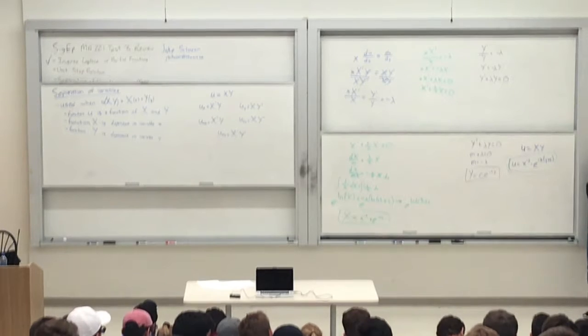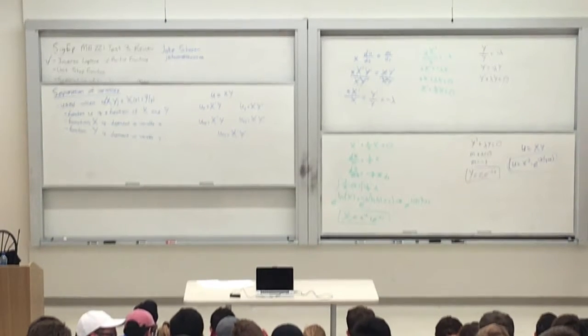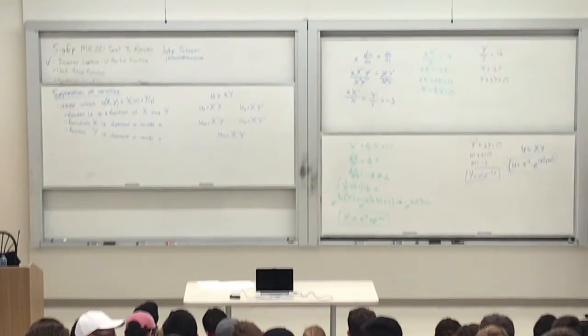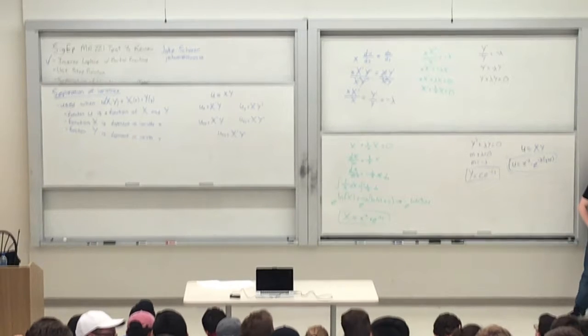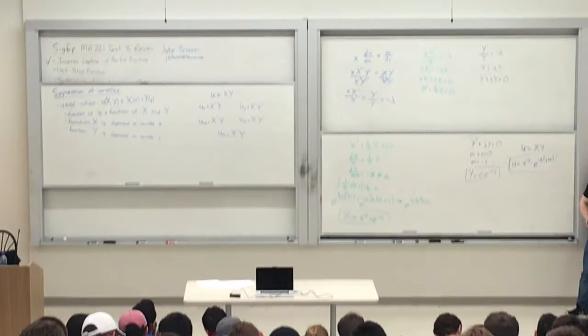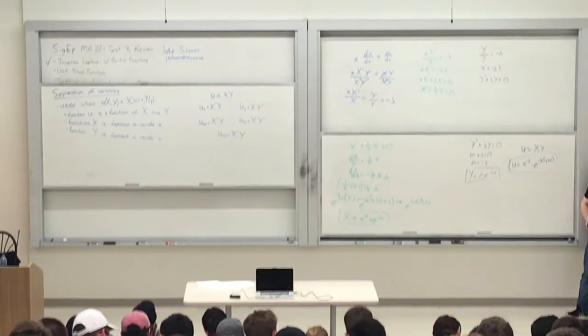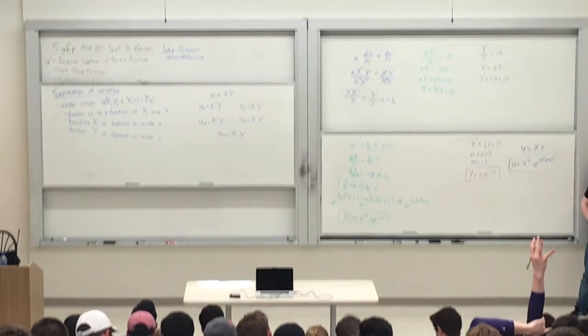Yes. So can we just take the e to the negative lambda c and call it a constant k? You probably can. I'm not 100% sure.